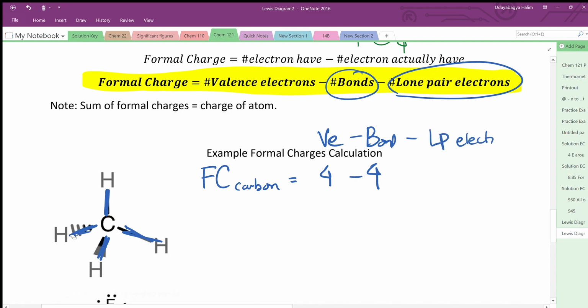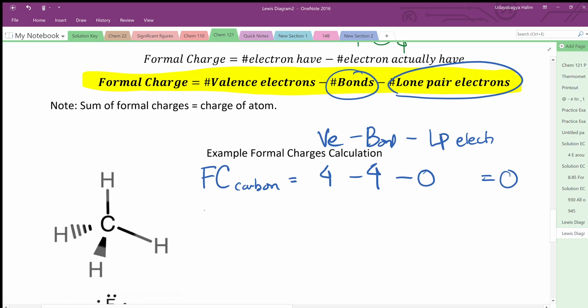I don't see any lone pairs on carbon, so the number of lone pairs is 0. So the formal charge is going to be 4 minus 4 minus 0, which is 0. Carbon has 4 bonds, so minus 4, and there's no lone pair, so minus 0.